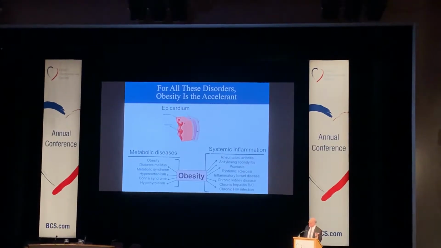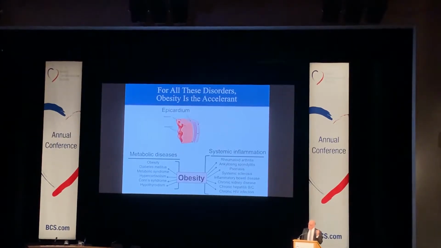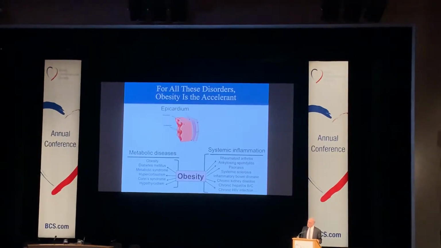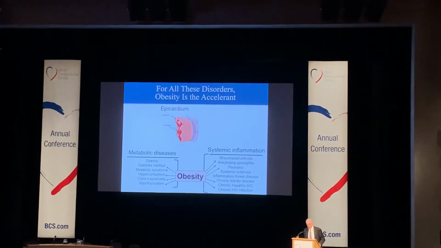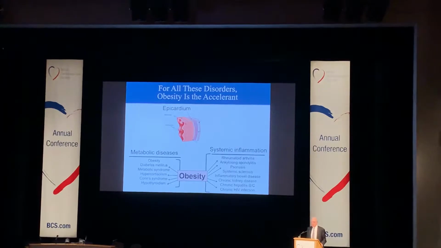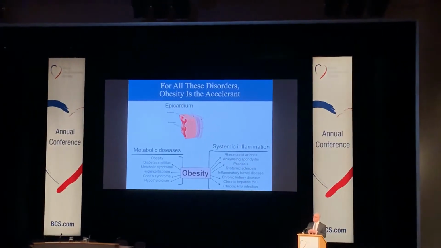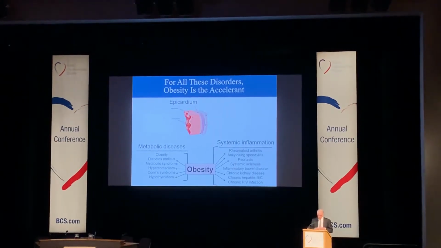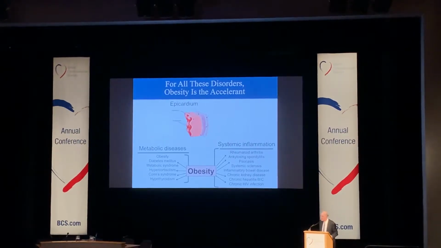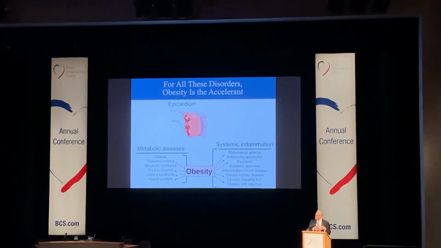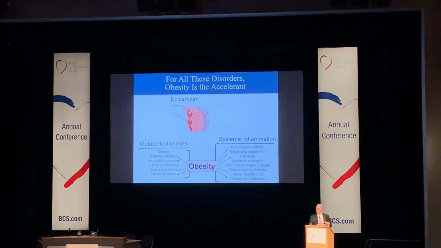It makes chronic HIV infection worse. Obesity is an accelerant. It's a metabolic accelerant, and it's an inflammatory accelerant. So most of the responses to drug therapy for rheumatoid arthritis, for psoriasis, for inflammatory bowel disease are impaired. Their efficacy is impaired if people are obese.